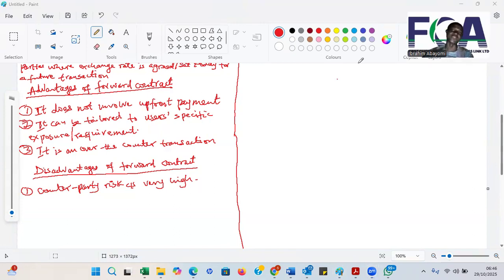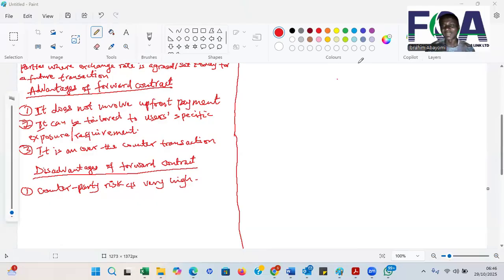The company can default on the agreement by not buying from the bank, for instance, if the exchange rate moves in its favor. And the foreign currency dealer can also decide not to honor the agreement if the exchange rate has moved in its own favor as well. That is counterparty risk.